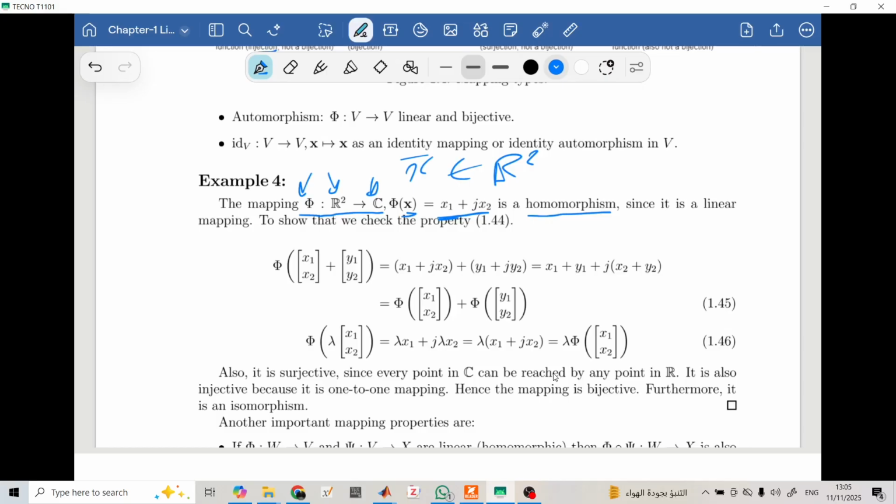Okay, so if we take two vectors x and y belonging to R squared, of course, the output would be in this form, right?